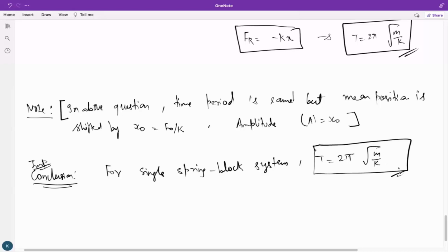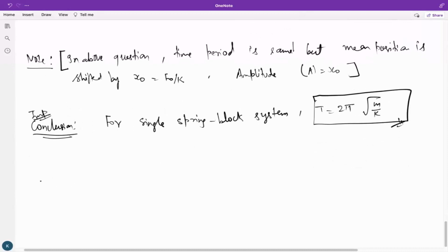Is it clear? This is quite important: for a single mass, single block system, the time period is always equal to 2 pi root under m by k. Whatever system is given, you can directly write the time period is equal to 2 pi root under m by k.